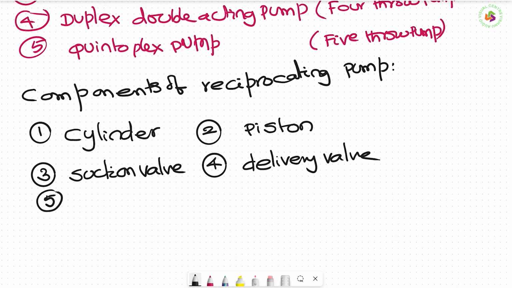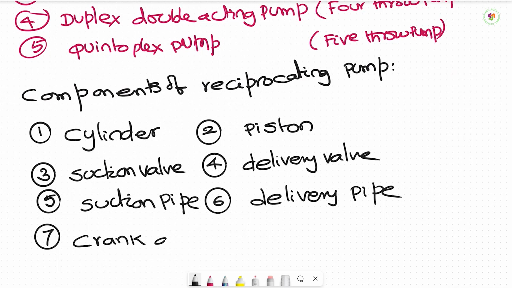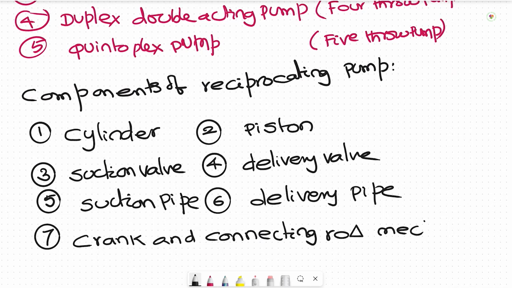Next, suction pipe, delivery pipe. The last is the main thing, which actually for the entire mathematical analysis, this is the thing: the crank and connecting rod mechanism operated by a power source.